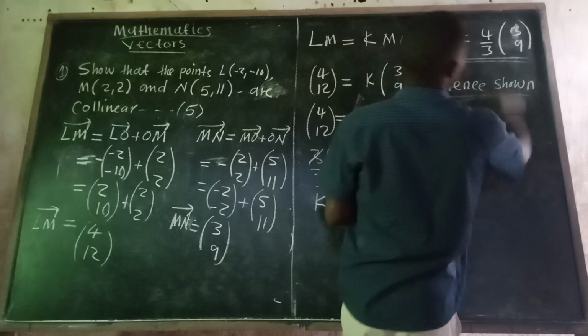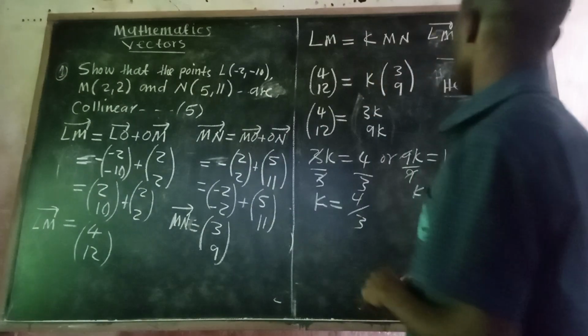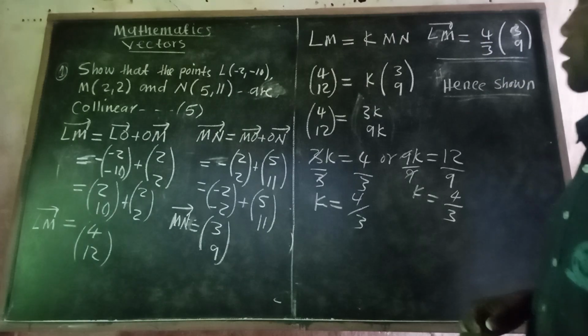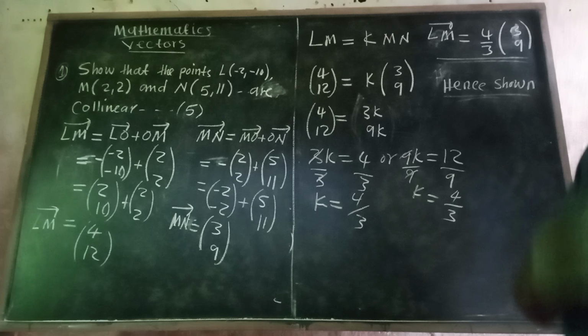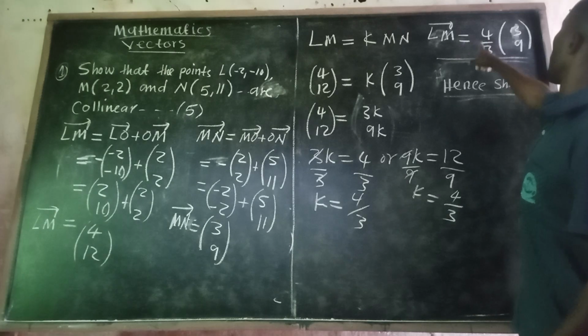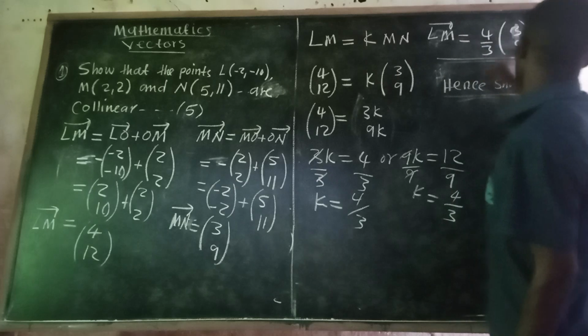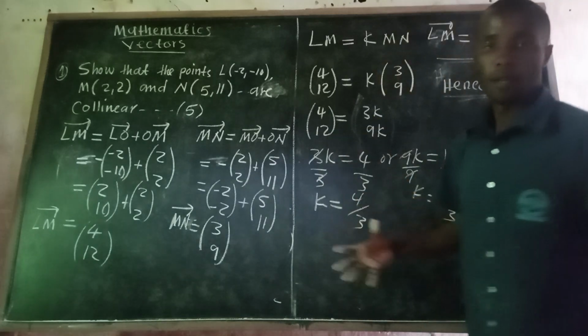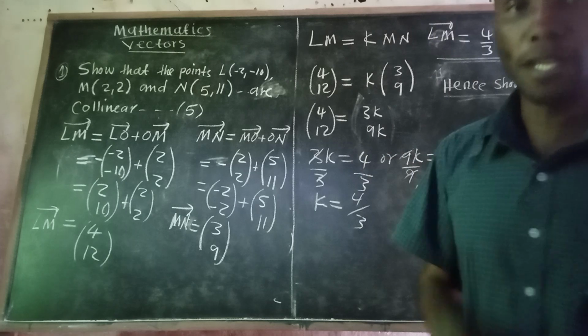And this is 5 marks. So this is how we go about the collinearity of points that we are given. If you want to prove it, you can multiply 4 over 3 times 3, you are going to have 4. Then 4 over 3 times 9, you are going to have 12. Meaning those 3 points are collinear.